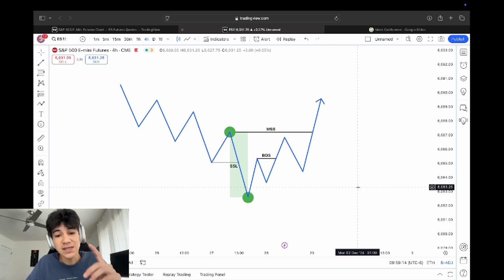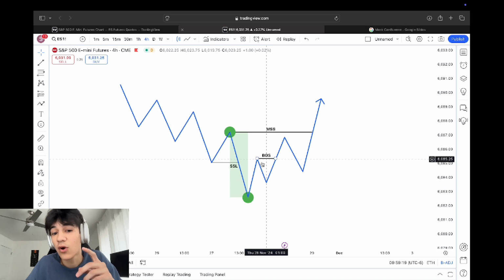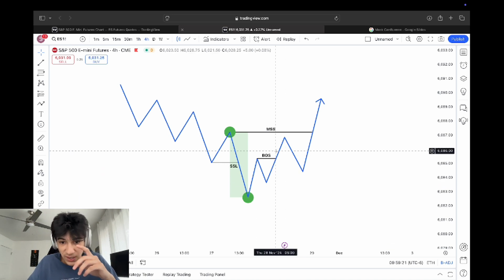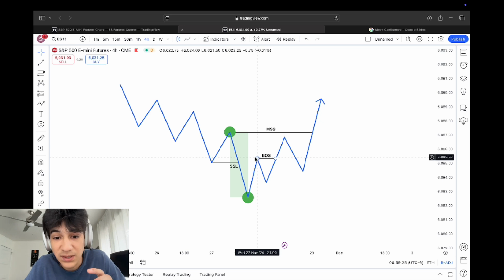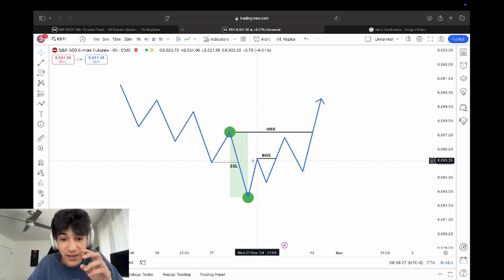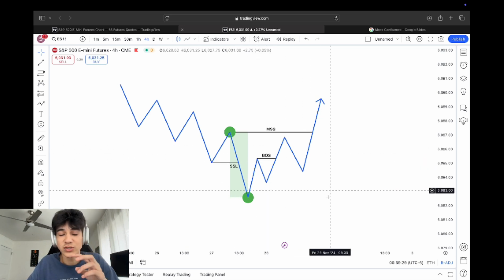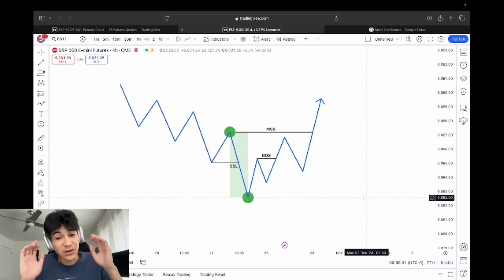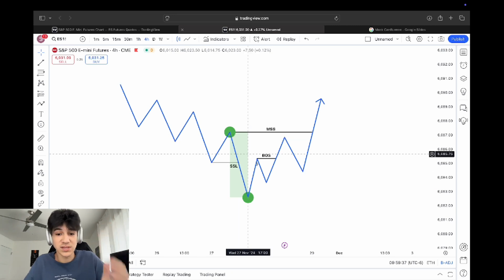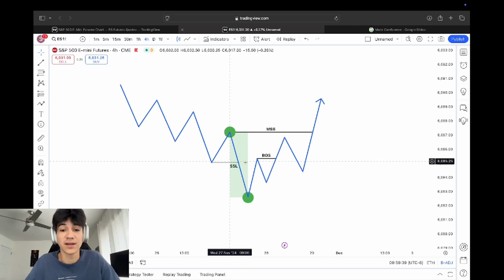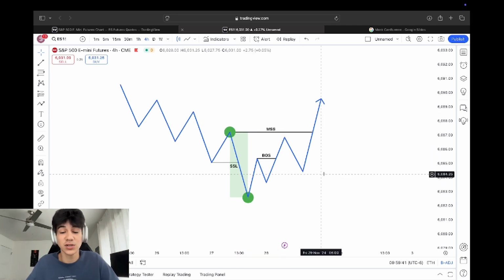But what I see is that people call this a break of structure, and what this means is that they think that because it took out the most recent high, it broke structure, which I understand could be the case. And like you saw in the other one, it was the most recent high that got taken out and formed the market structure shift.